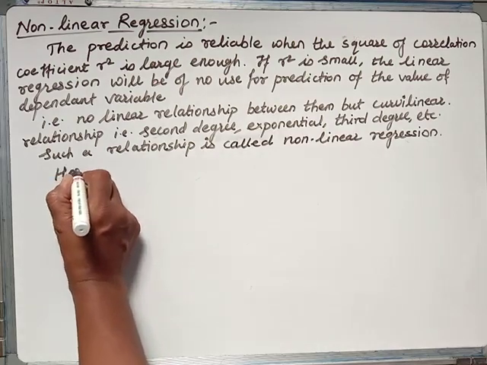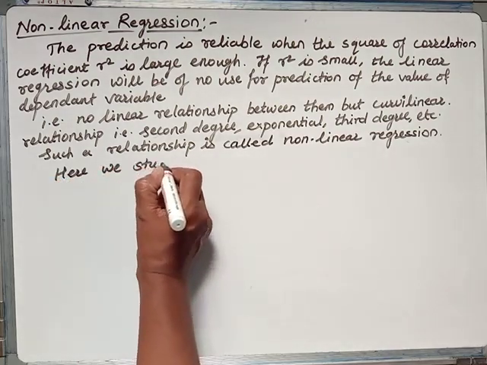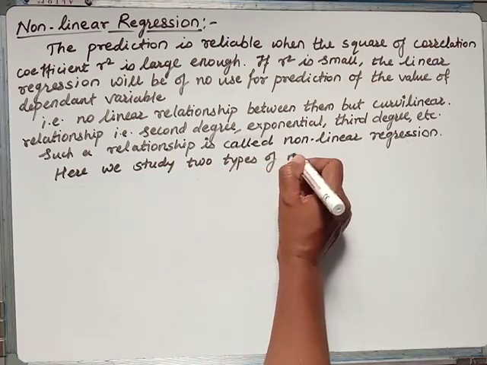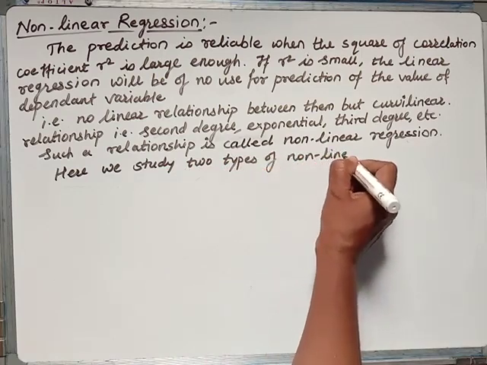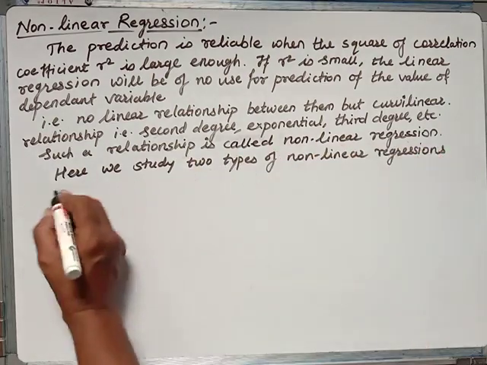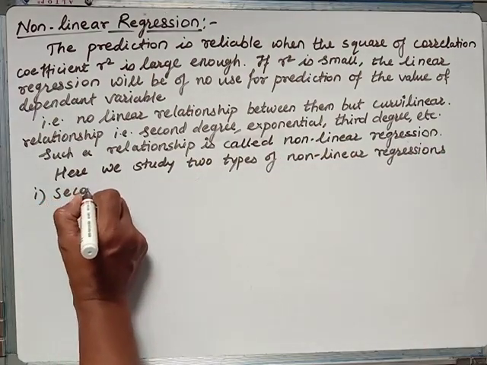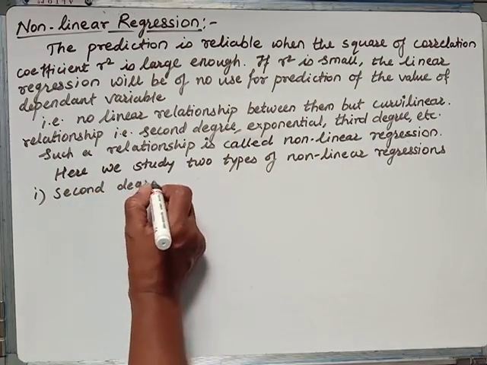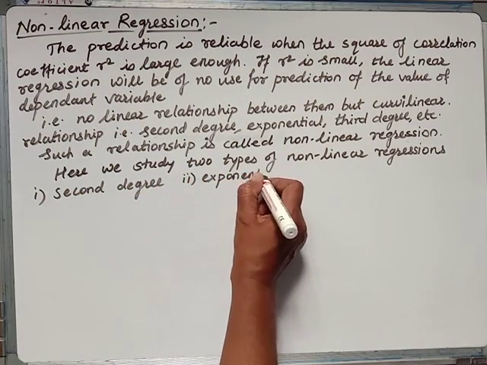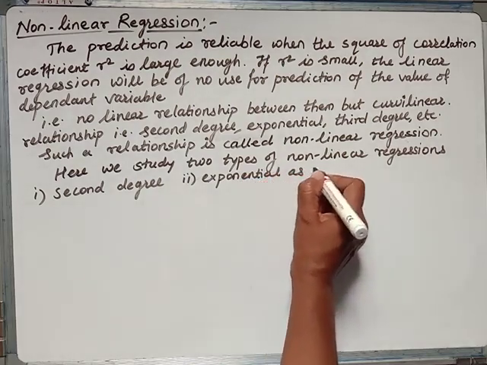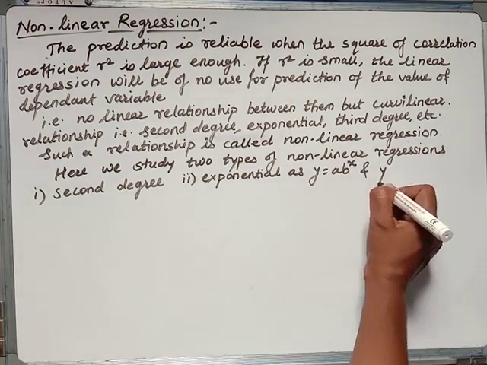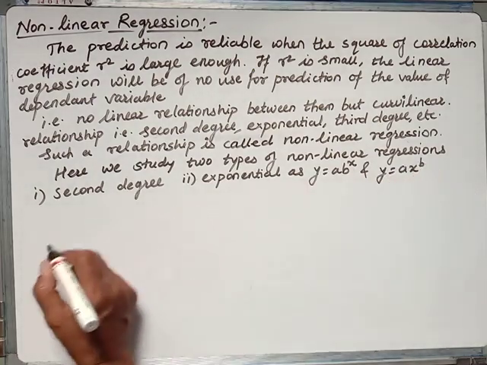Here we study two types of nonlinear regressions: first, second degree, and second, exponential, that is y equal to a into b raised to x and y equal to a x raised to b.